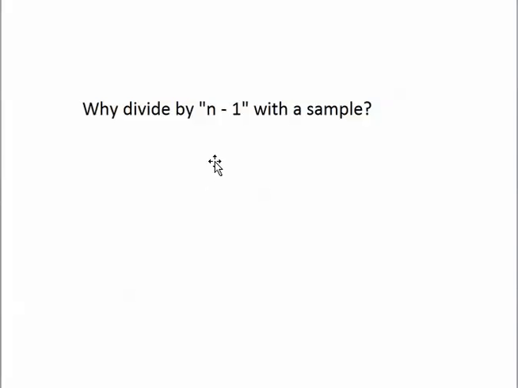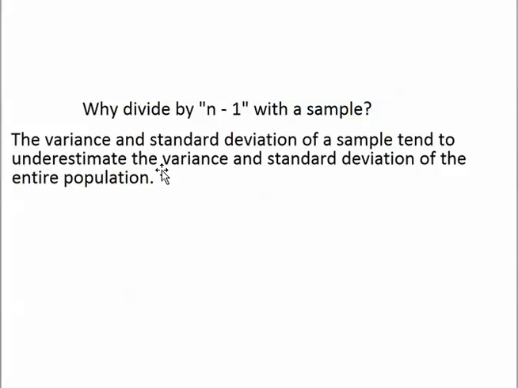And when you calculate the variance and standard deviation of a sample, they actually tend to underestimate what the variance and standard deviation would have equaled if you had used the entire population, if you had collected data from all population members. So the variance and standard deviation of a sample tend to underestimate those of the entire population.